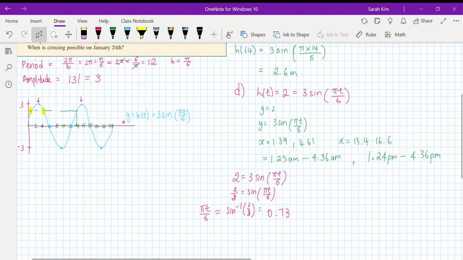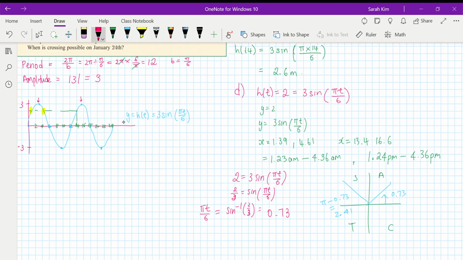Okay, so my other option is, since my sign was positive, these two are my options. That was 0.73. So that must be pi take 0.73, which is 2.41.